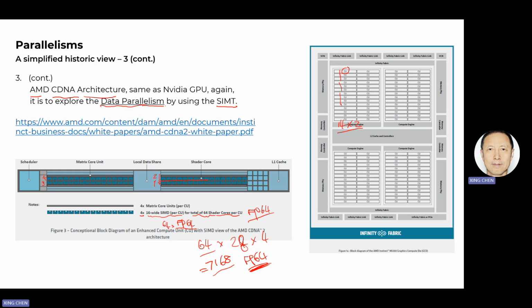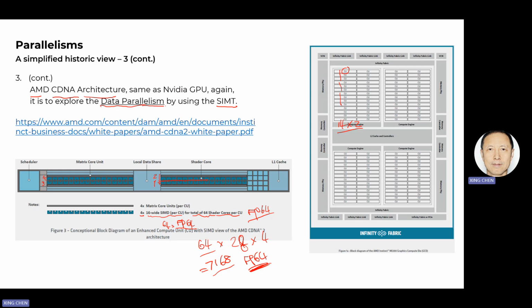Now, just to compare with the CPU. For the CPU to have parallelism, pretty much most of the time you are going to have one thread per CPU core. And then you try to explore the data parallelism with a lower quantity of threads.